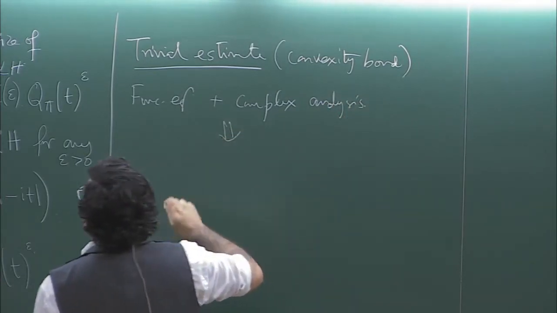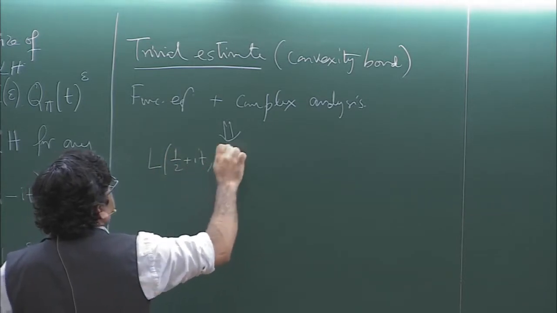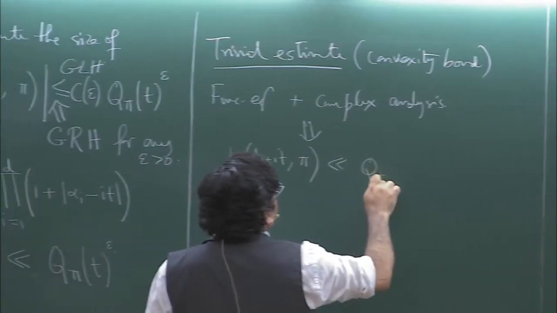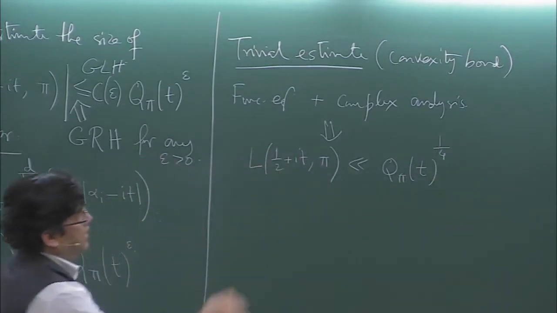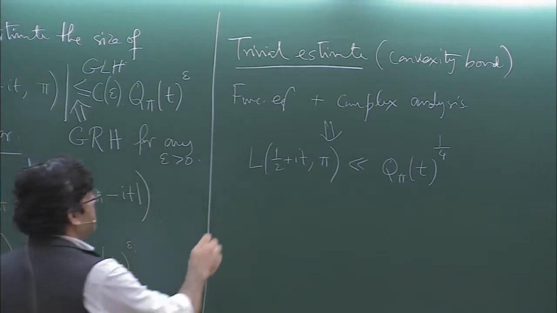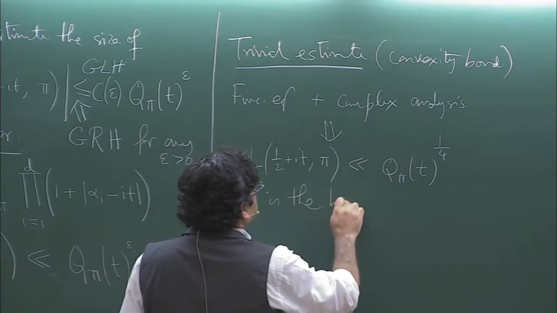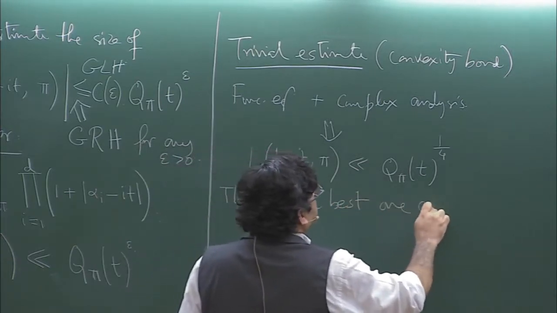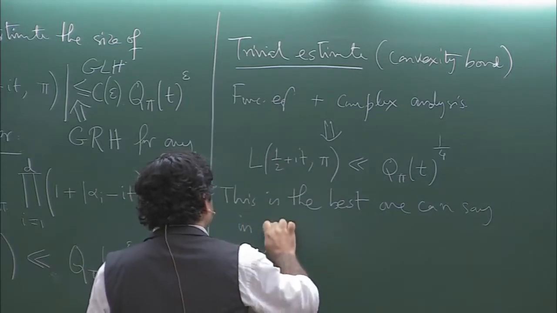Together they imply that L(1/2 plus it, pi) is bounded by q_pi(t) to the power 1/4. That's the best one can say in general.